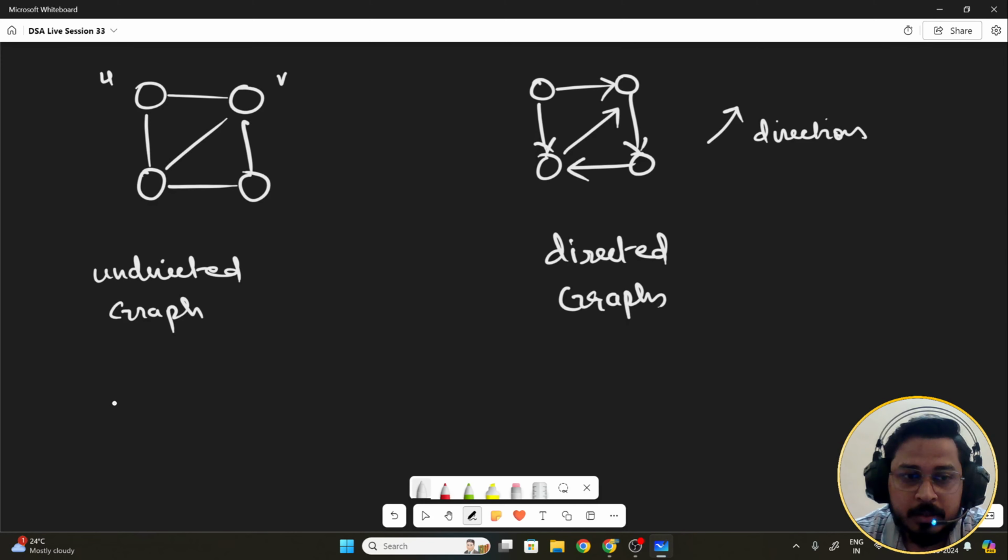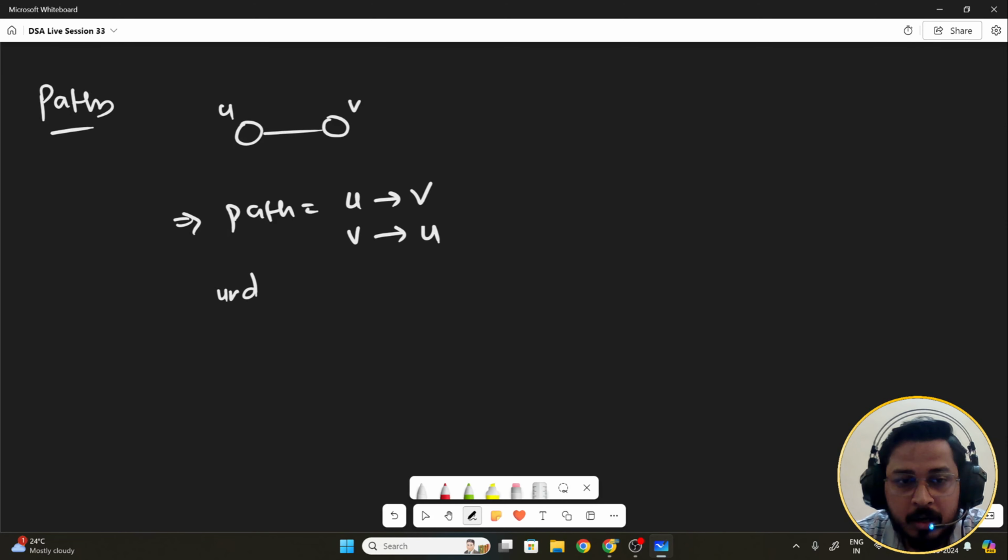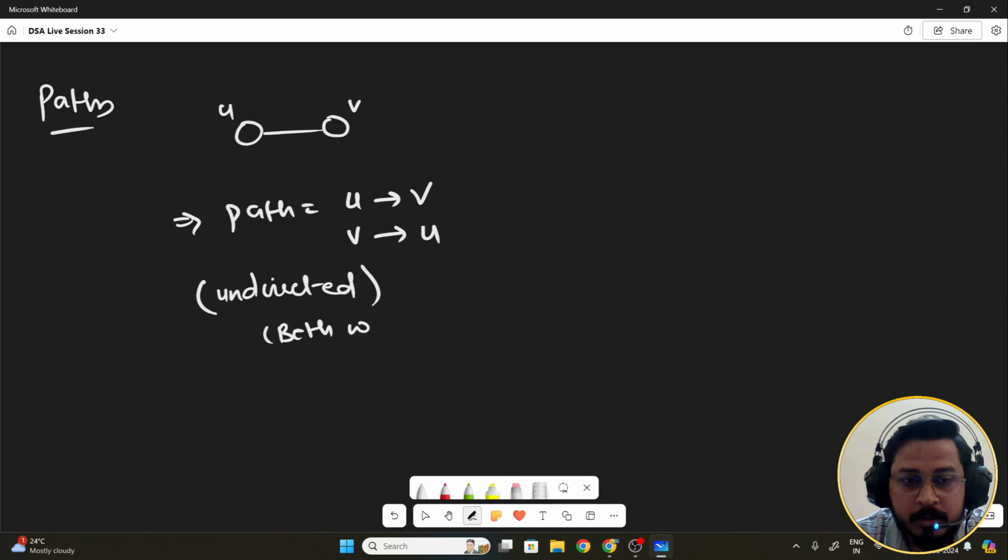Okay, when we talk about paths in the same graph, there is an edge between U and V. We say in this case our path is equal to U to V and V to U. We know that this is an undirected graph. Because it is undirected, we can go both ways, both directions.